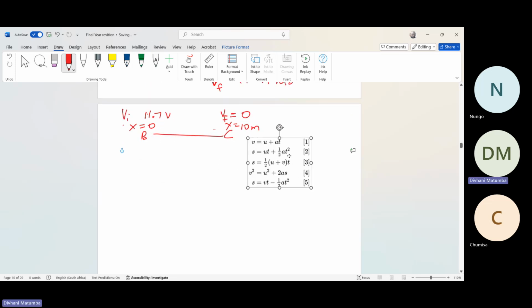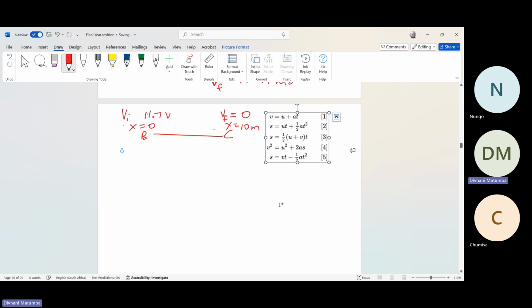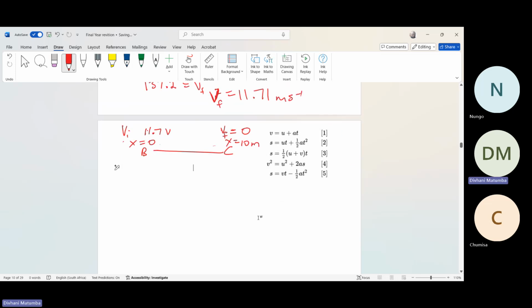We have the following equations of motion. Which equation do you want to select? Because you have to select one equation of motion in order for us to calculate acceleration, because we were asked to calculate the average acceleration.